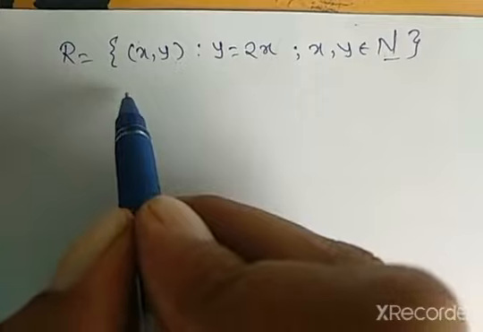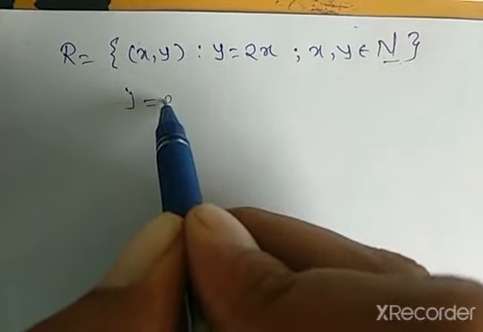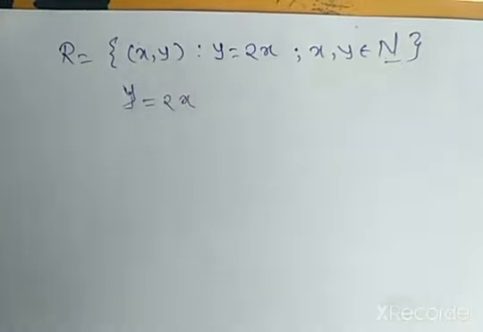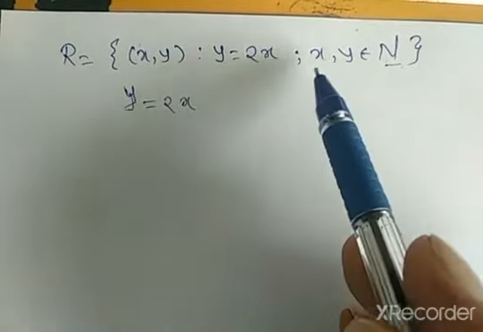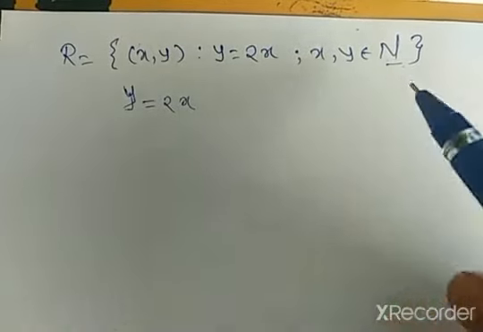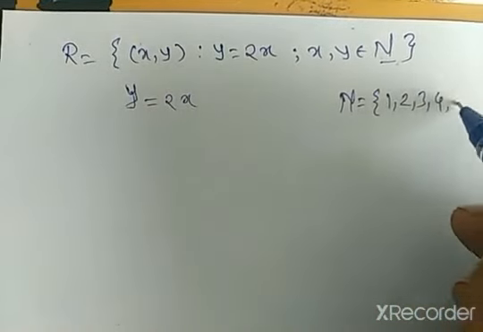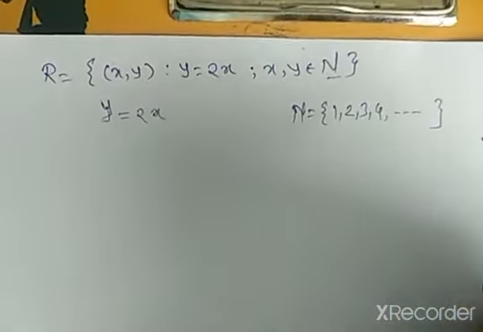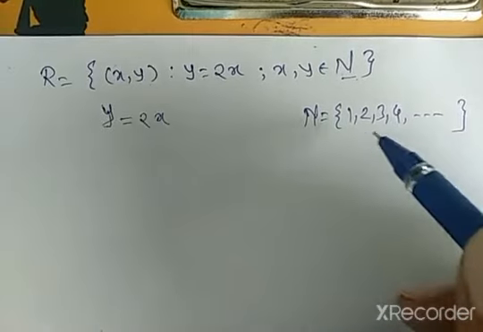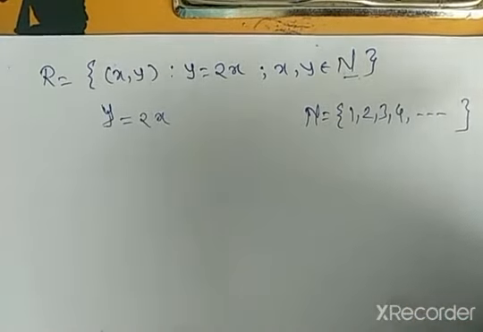Here y is equal to twice x, and the set of natural numbers is 1, 2, 3, 4 and so on, which are positive integers only.